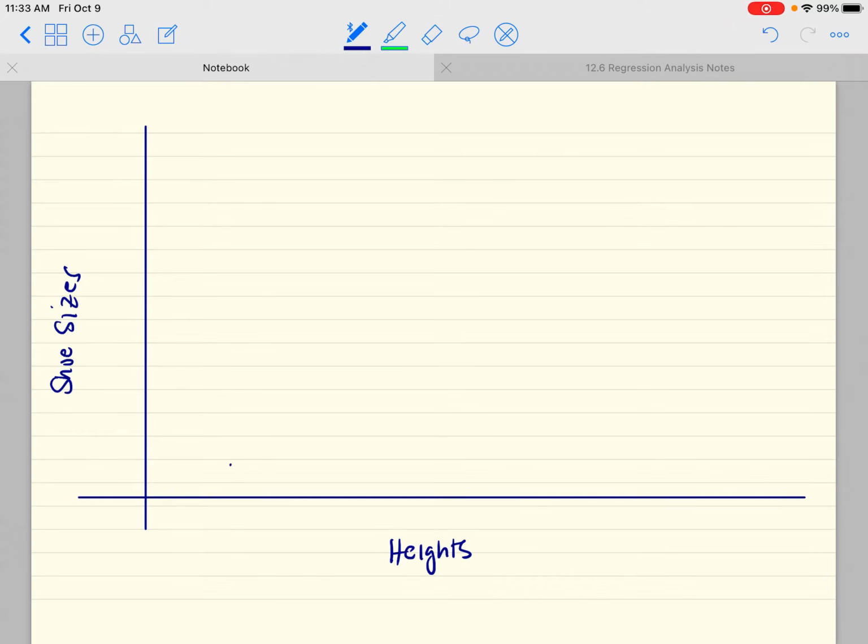But in general, if you're shorter, you're going to have a smaller foot, and if you're taller, you're going to have a bigger foot. And so if I was to make a scatter plot of all of your heights and shoe sizes, it would probably look something like that. Now again, you might have an outlier here or there, but in general, you're going to see this increasing data, and it's going to increase somewhat uniformly, right?